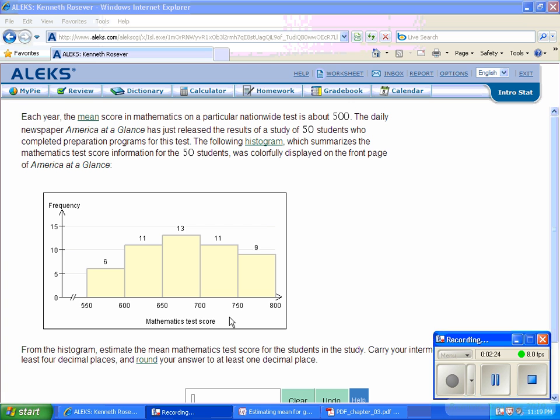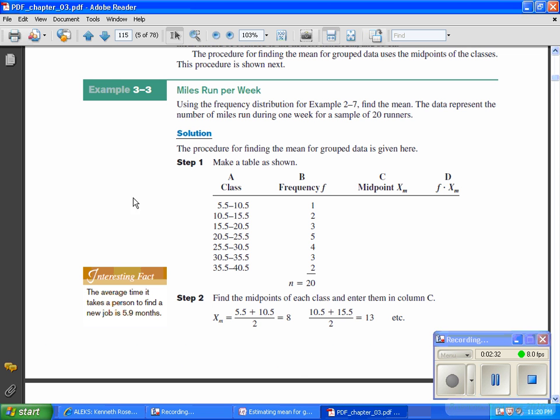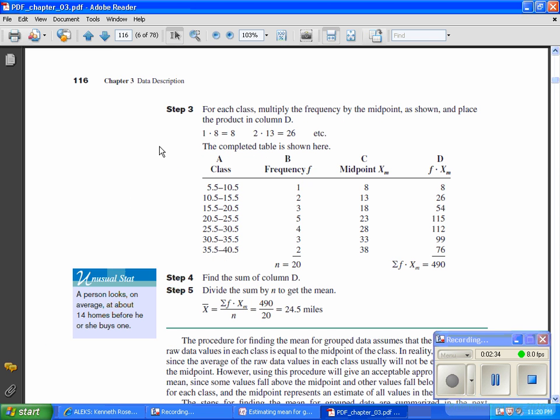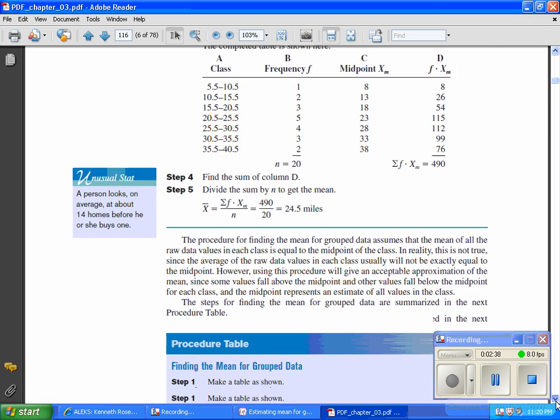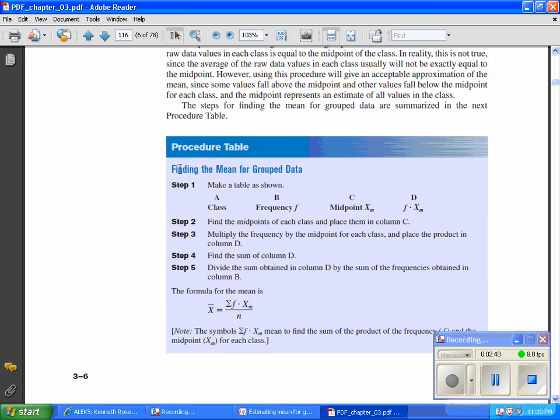In case you didn't follow that, I'm going to do it a little more slowly now. What I did is I've copied this information along with some information from your book, which is found on page 116. It is a procedure for finding the mean for group data, and it tells you what to do. The first step is to make a table with class, frequency, midpoint, and frequency times midpoint.